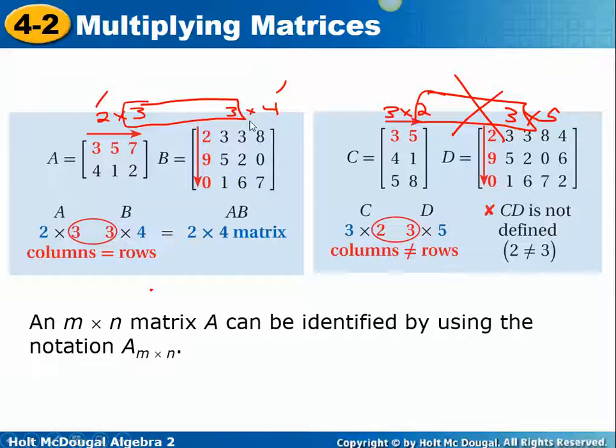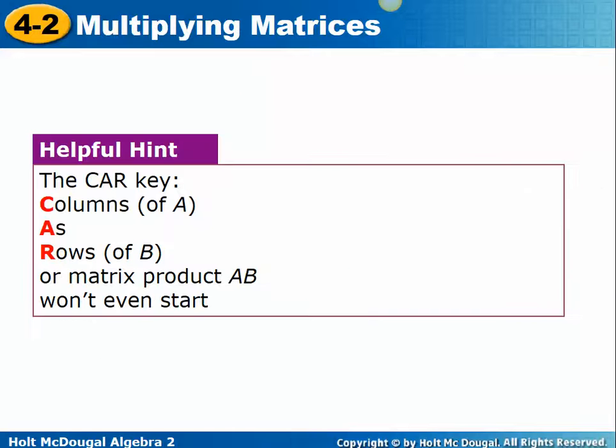An m by n matrix A can be identified by using the notation A sub m by n. That's just talking about notation there. This is one way of remembering. It's a mnemonic device. It says CARS, columns as rows.